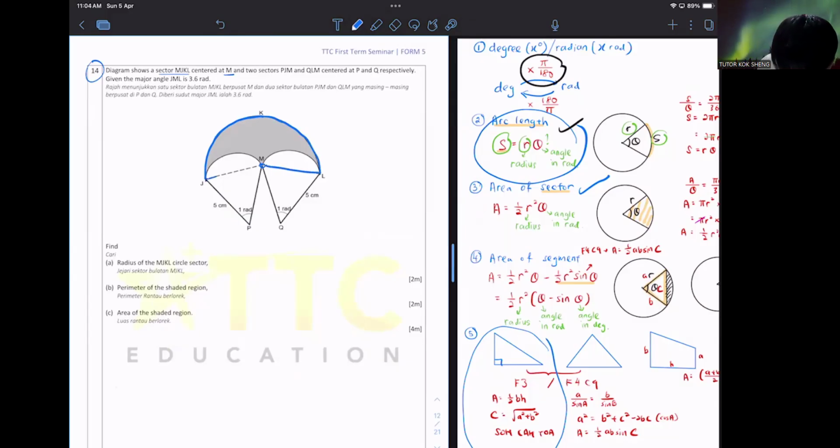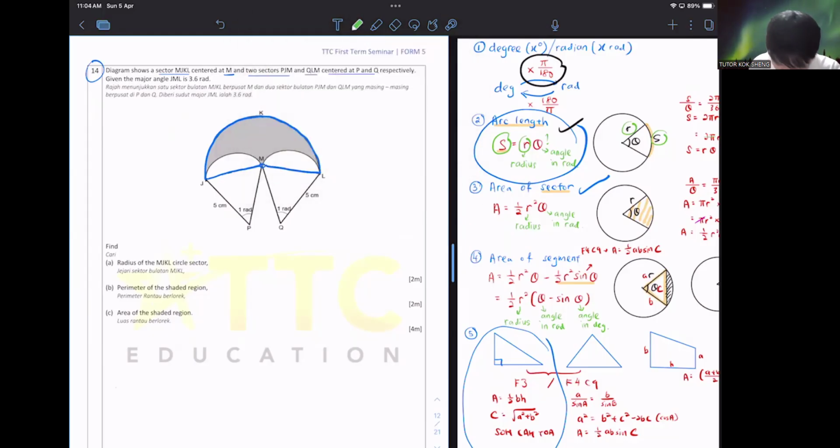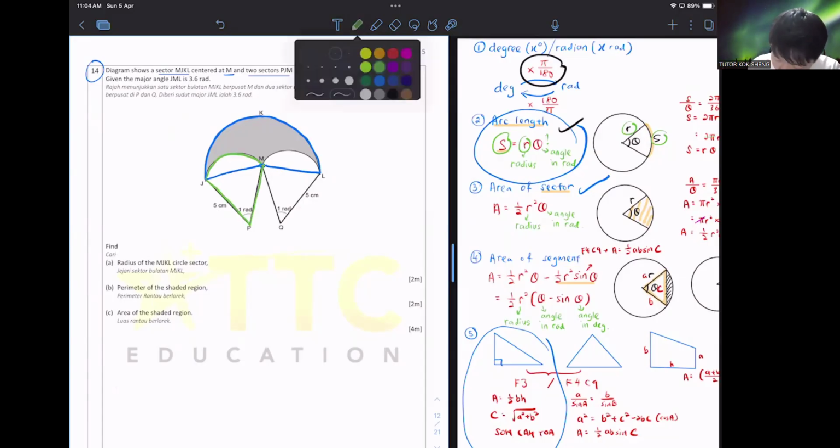And two sectors, PJM and QLM, center at P and Q. PJM here looks like ice cream. One more is QLM.